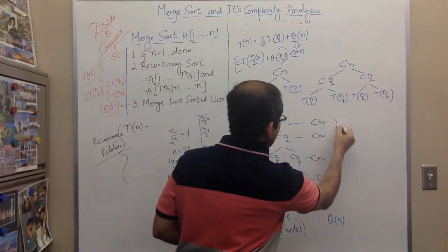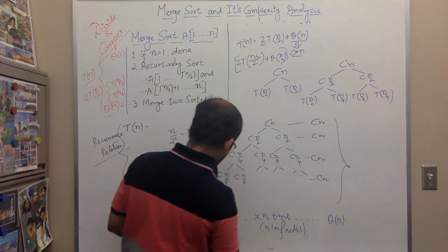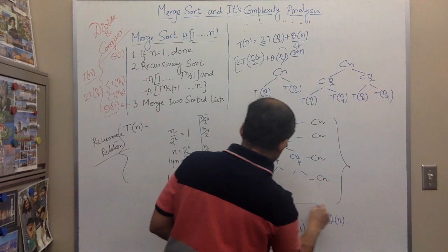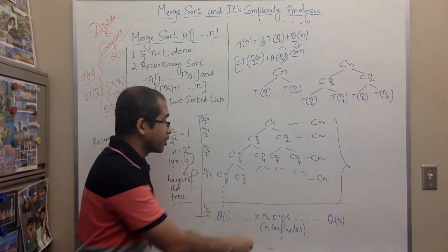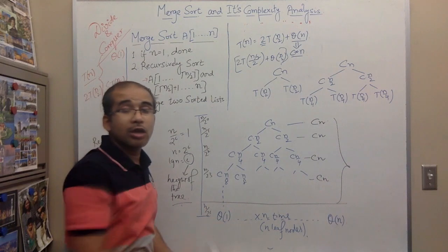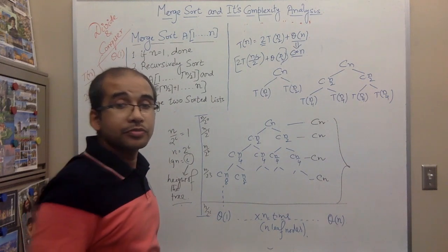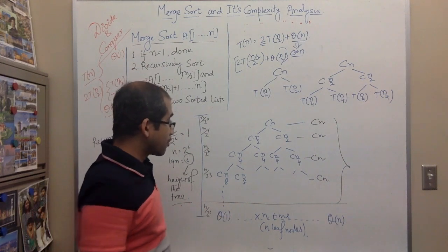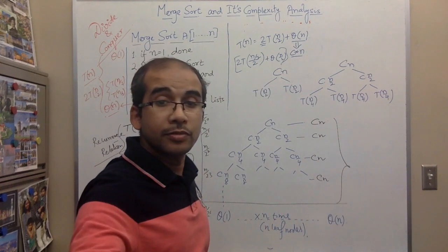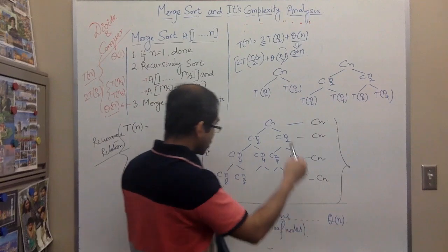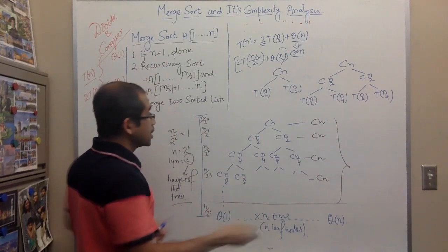Now this is Cn, how many times is it being added? Every level except the leaf level, because we got the cost of the leaf level already: n leaf nodes, each theta of 1, is theta of n. Now the height of the tree is log n.